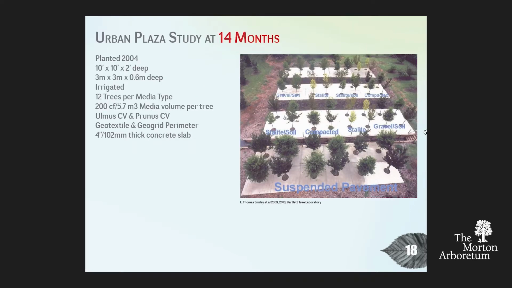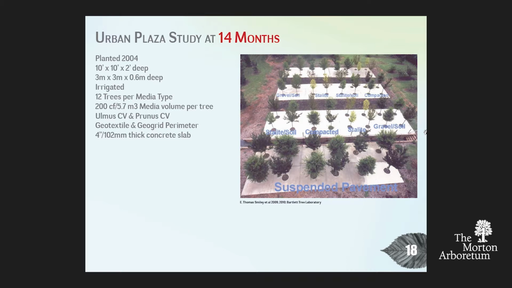Tom Smiley, a researcher with Bartlett Tree Labs, did this urban plaza study, looking at various ways to grow trees. This is the plaza. Each one of these trees has a 10 by 10 area with a little opening right here, and it's 2 feet deep.